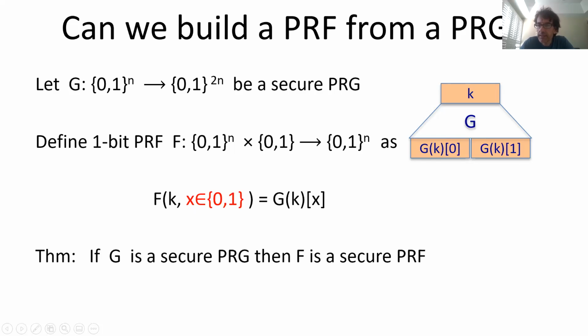And this is a secure PRF. Why? Because without loss of generality, the adversary can ask, give me the value at 0, it gets this register. Give me the value at 1, it gets this register. And under PRG security, these are indistinguishable from random strings.